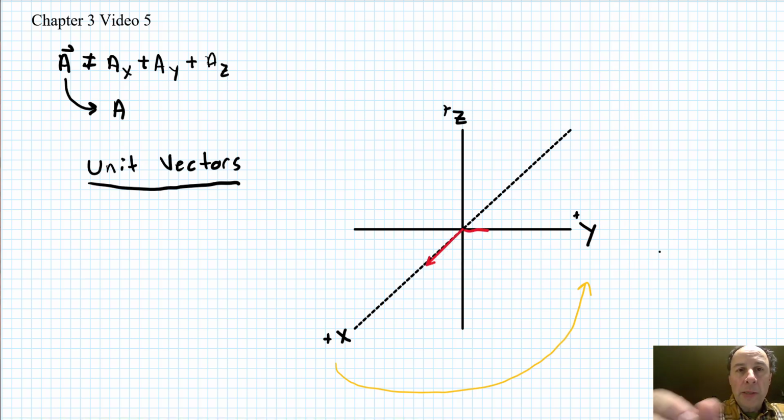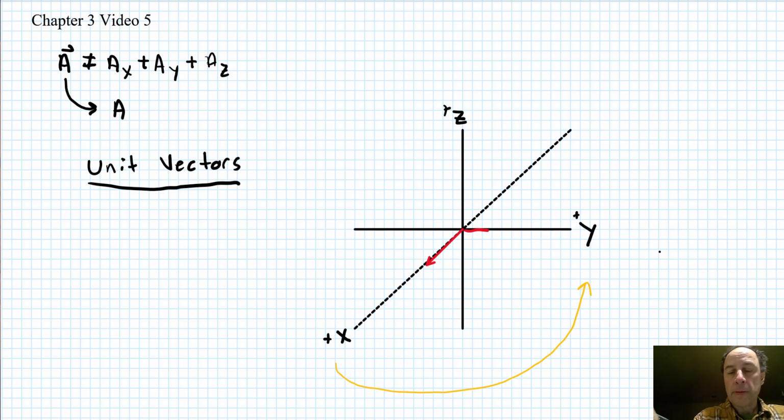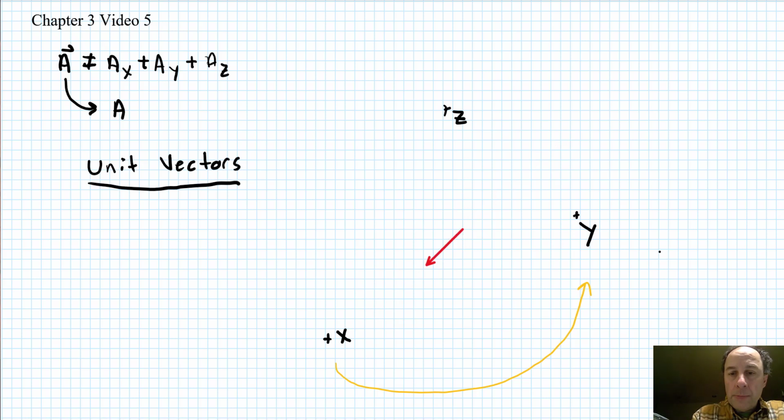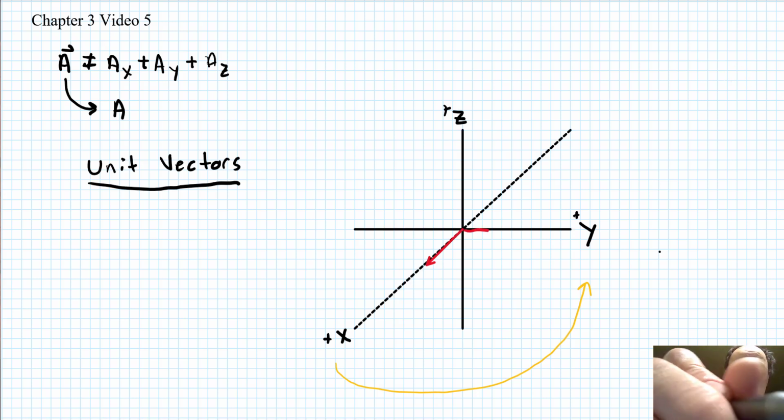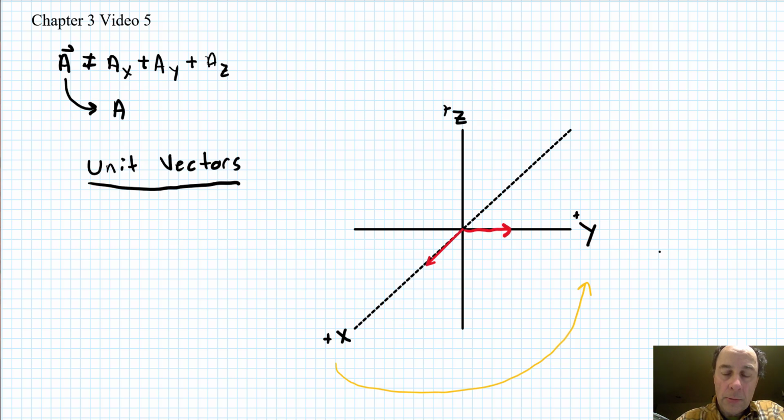Then we have one along the y, and z. Let me try that again. From here to there. Okay.